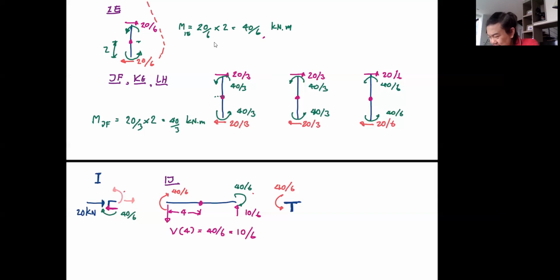Let's call this joint J. And then here, you got this from column JF. This guy is going counterclockwise, so this is clockwise. 40 over 3.